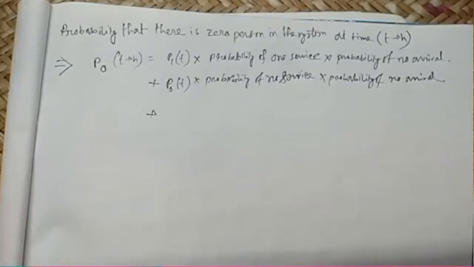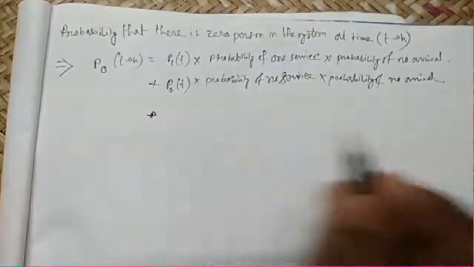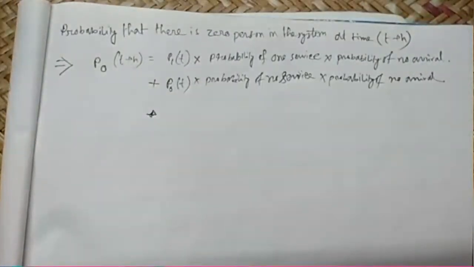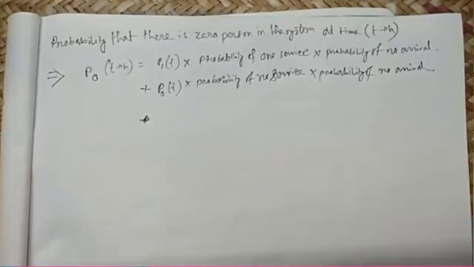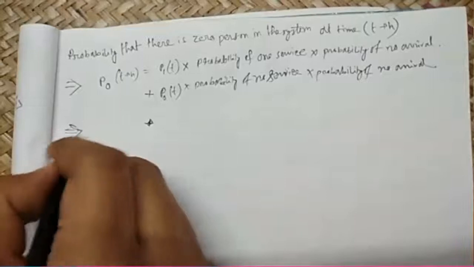There is no other option, because it is not possible that there was minus 1 person and later one came. The number of persons in the system cannot go negative, so it goes up to this point. Now there is a twist here in the next line. You have to be very cautious.